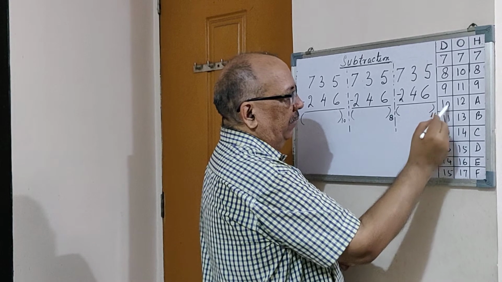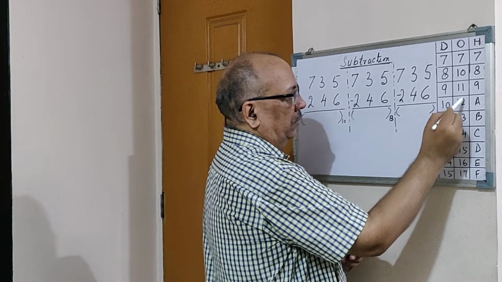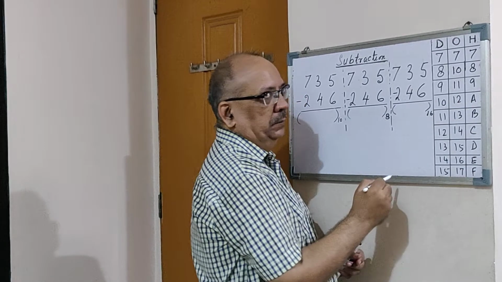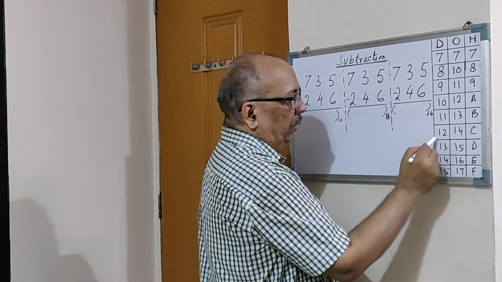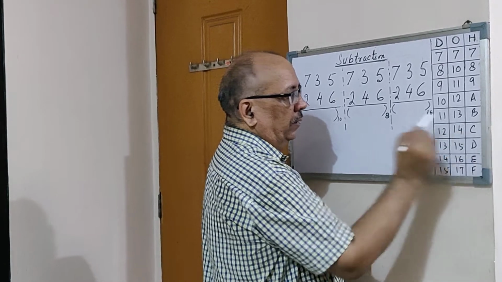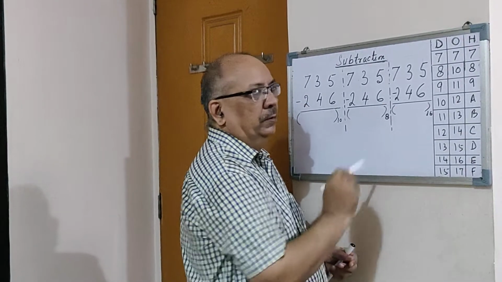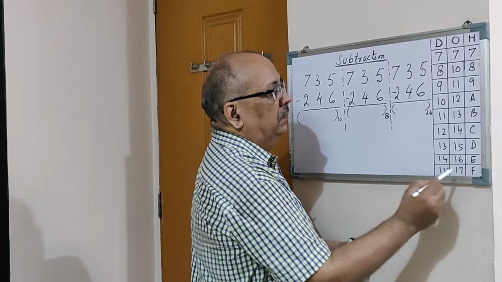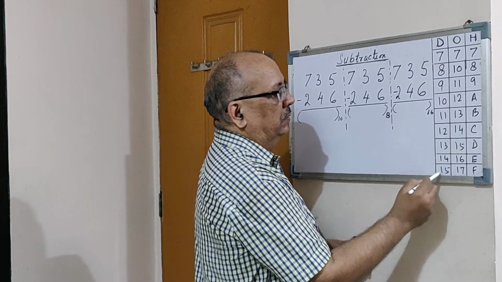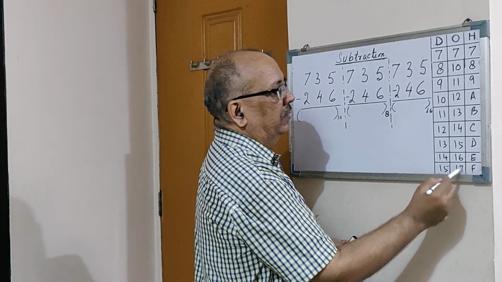If I have 10 in decimal, it is equivalent to 12 in octal and A in hexadecimal. Similarly, 12 in decimal is equal to 14 in octal and C in hexadecimal, and so on. F is nothing but 15 in decimal, and 17 is its octal equivalent.